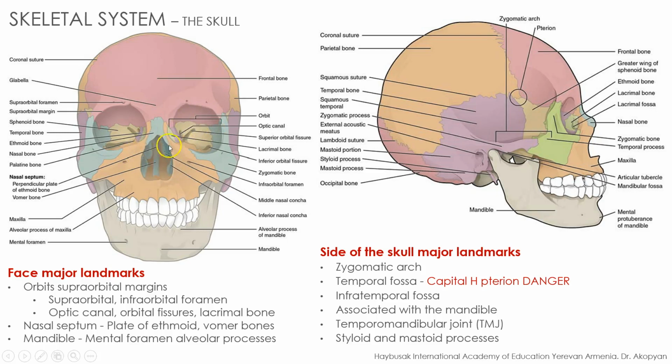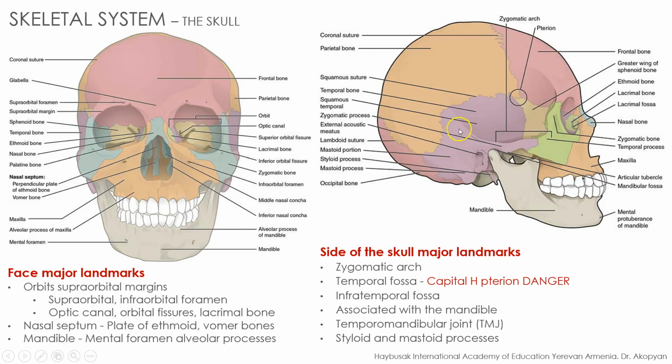Midline to that is the nasal cavity, and the inferior mandible is prominently shown here with the inferior and superior alveolar processes. The zygomatic bones, which form the cheekbones, are also visible here. The orbits are formed by various bones and have various fissures, foramina, and canals, which we need to study.